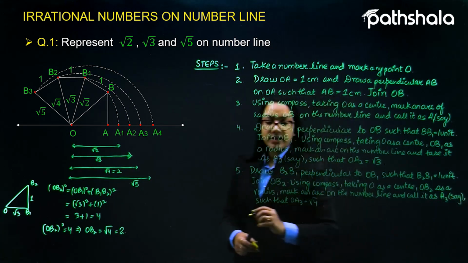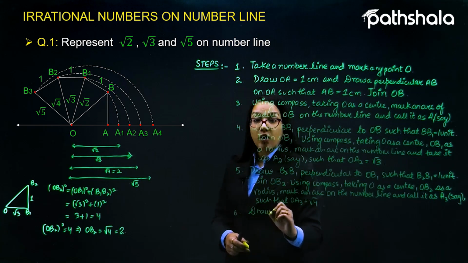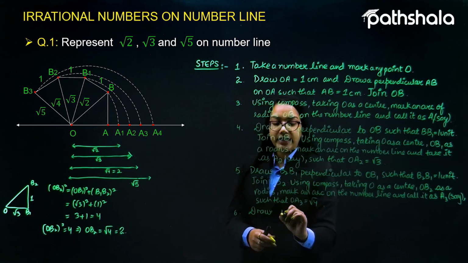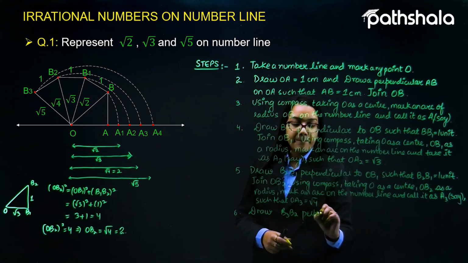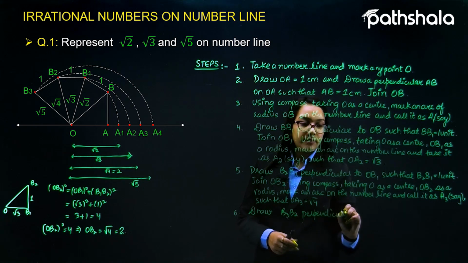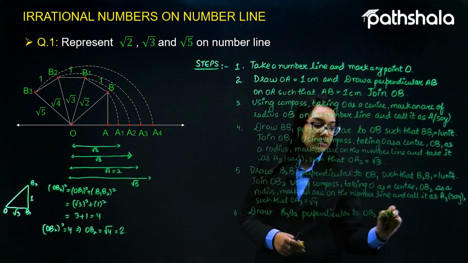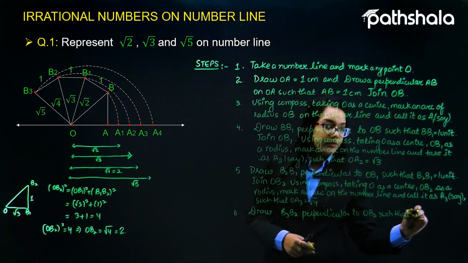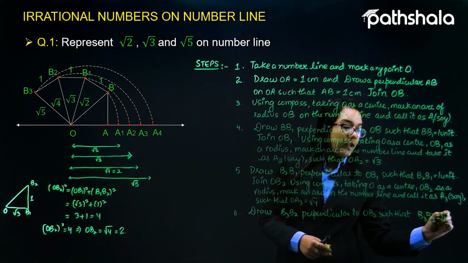So the step number 6 would be like: draw B3B2 perpendicular to OB2 such that B3B2 is 1 unit.